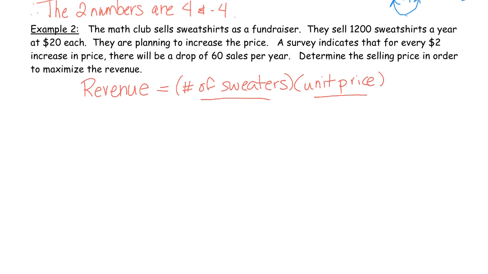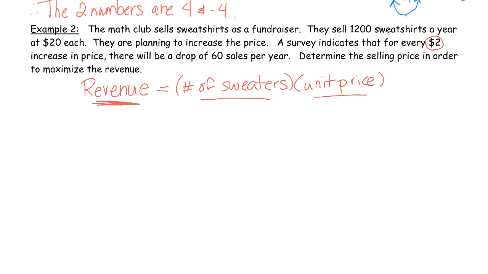So when we're setting up an equation to maximize this revenue, I need to come up with a way to add that thought of a $2 increase, or multiple $2 increases. Maybe I'll increase it by $2, $4, or $6. So my let statement in this case is going to be identifying how many $2 increases in price we are going to have.